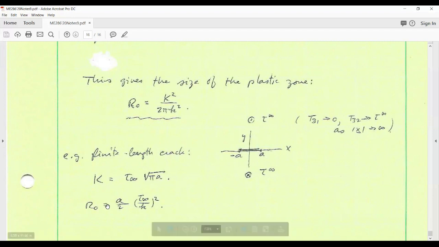Then that tells you the size of the plastic zone in terms of the assigned far field stress. Okay, so for example, if you increase, as you would expect then, the value of the far field traction, the intensity of it, you're going to increase the size of the plastic zone. If you decrease it, you'll decrease that size.